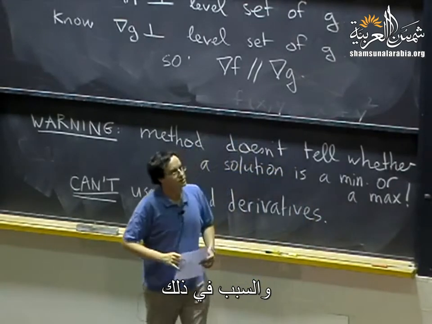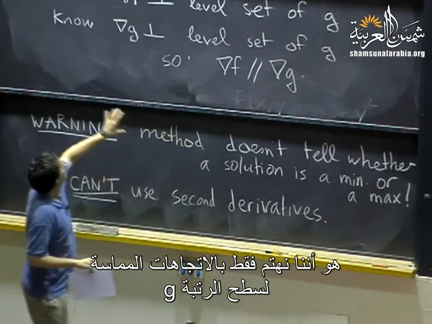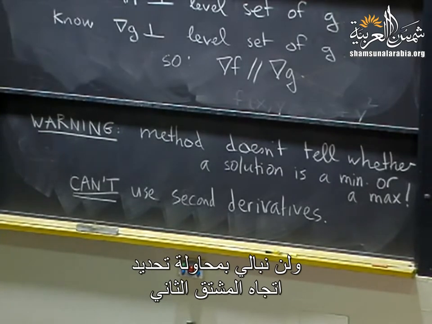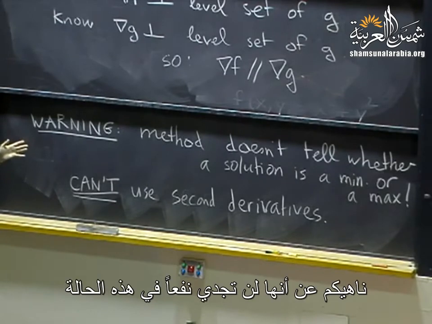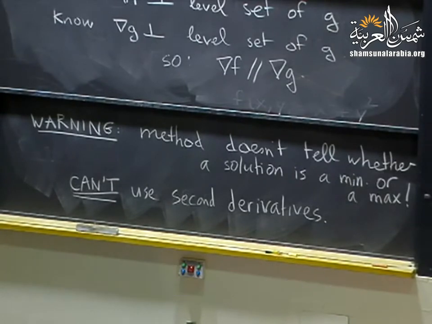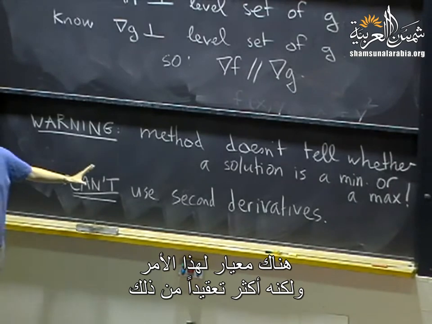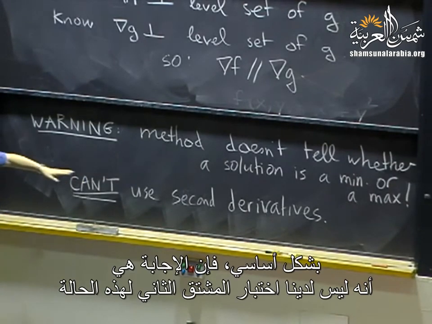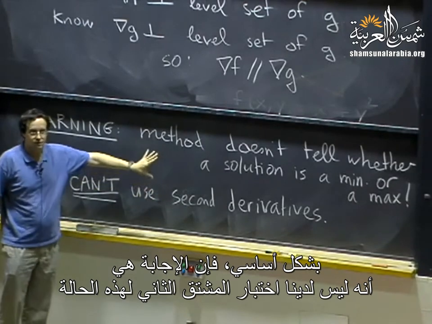The reason is that we care only about these specific directions that are tangent to the level of g, and we don't want to bother trying to define directional second derivatives, not to mention that it wouldn't work. There is a criterion, but it's much more complicated. So basically we don't have a second derivative test in this situation.